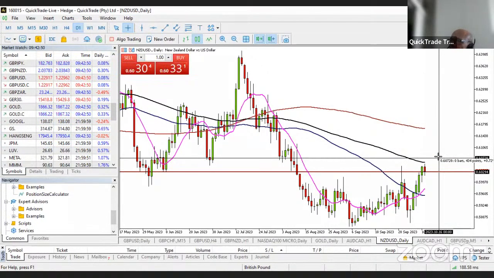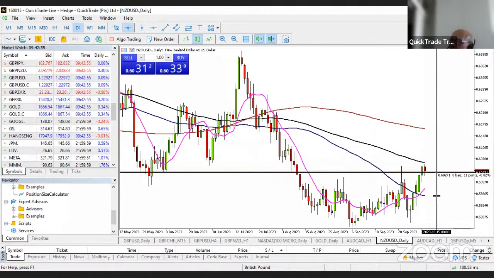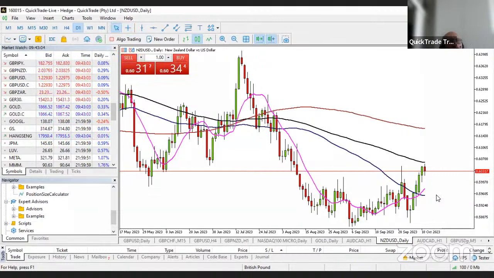I'm going to put a pretty tight stop on this, 50 pips. Take it down there somewhere. Okay, 1, 2, 3. Anybody else like it? Just give me a little bit more moral support. One more person.